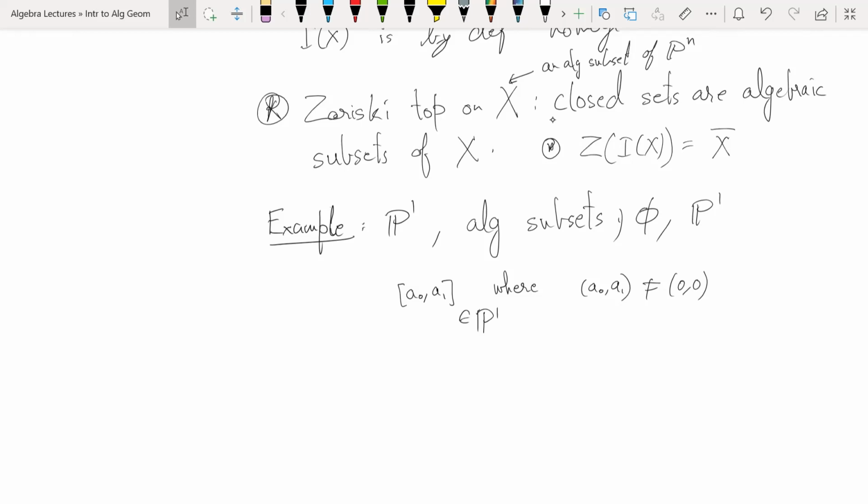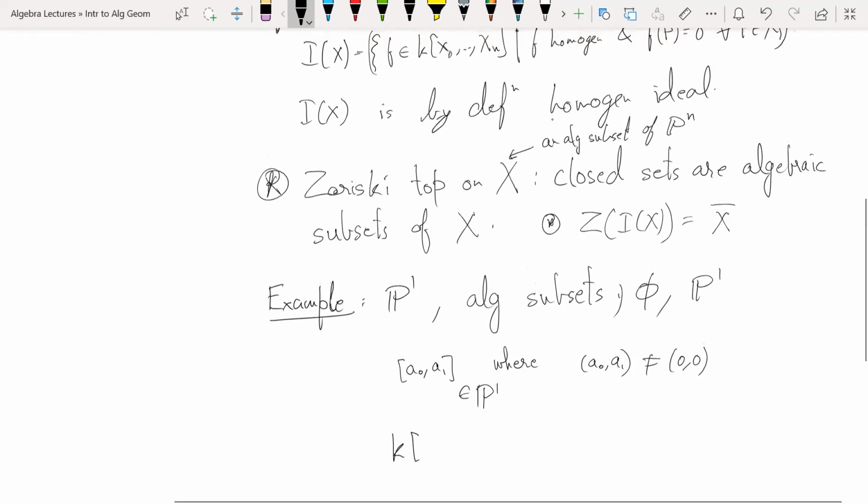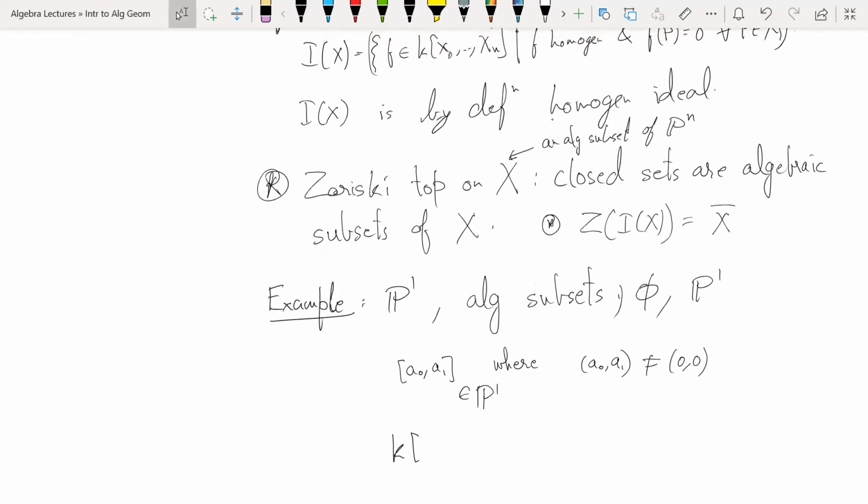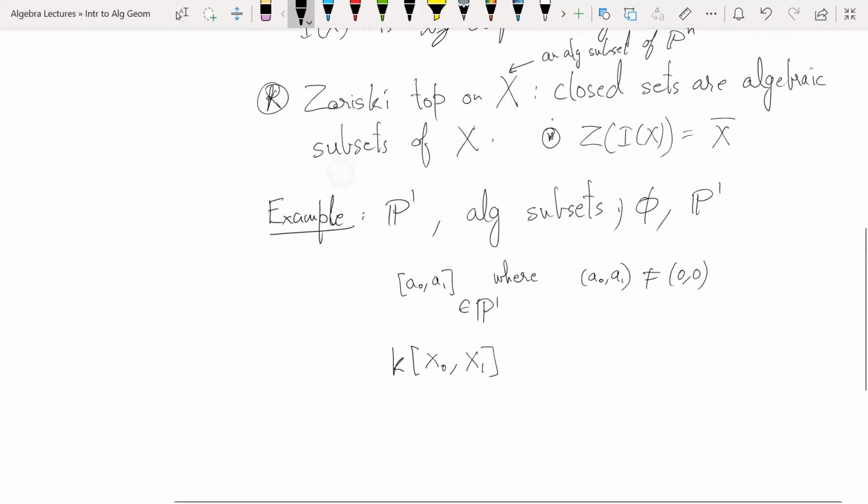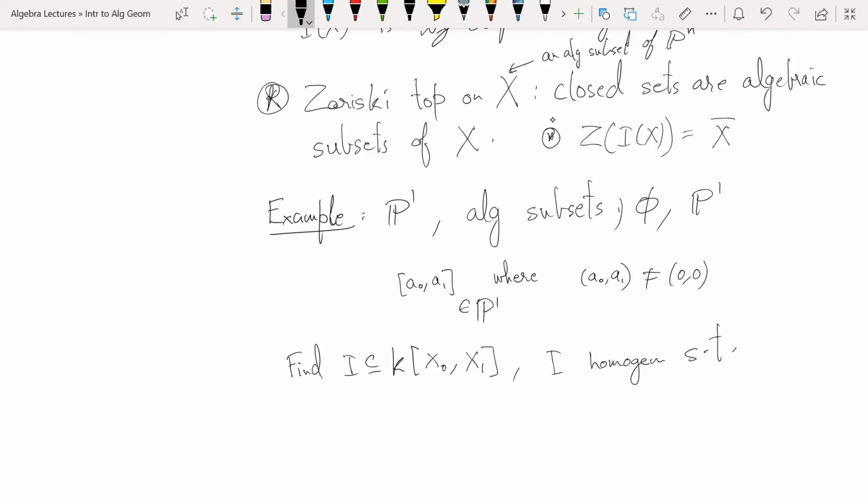So we'll have to find a homogeneous polynomial. If you are looking at P1 and you want to know whether some subset of P1 is an algebraic subset, one has to look at the homogeneous polynomial ring k[x naught, x1], and we want to find a homogeneous ideal I in k[x naught, x1] such that Z(I) is precisely (a naught, a1).